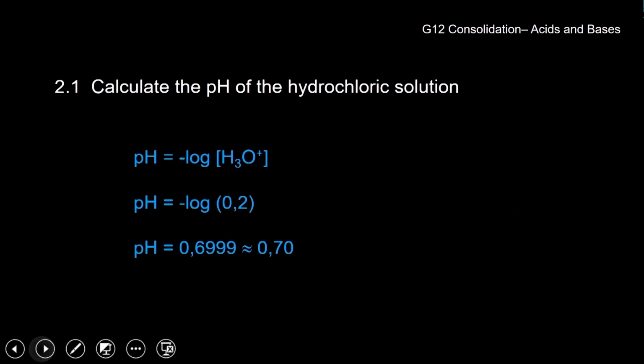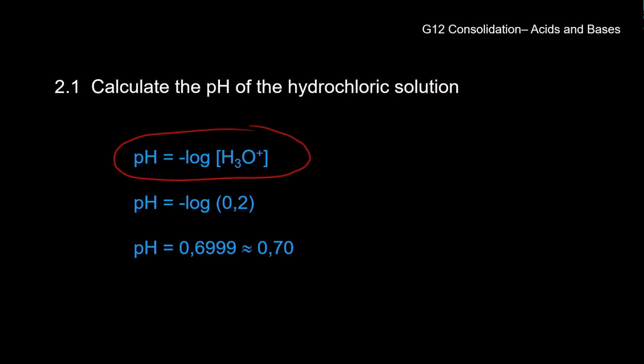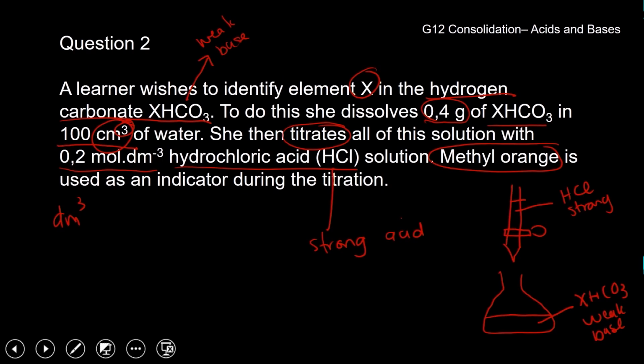The first question is, calculate the pH of the hydrochloric acid solution. Well, that's easy. We know how to do that. We're going to use this formula, and we check what concentration they give us: the hydrochloric acid is 0.2 moles per decimeter cubed.